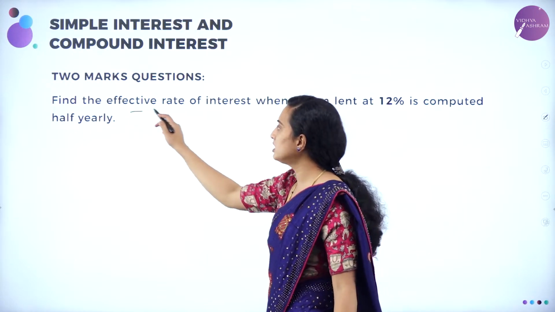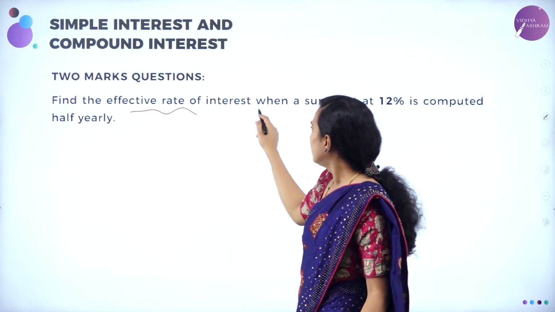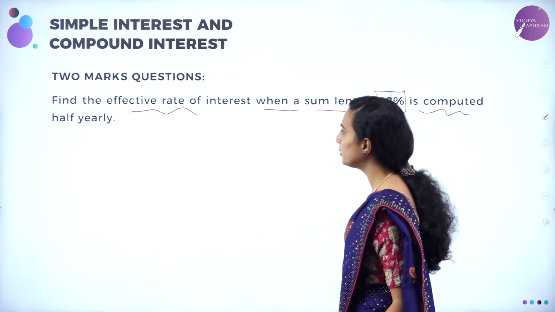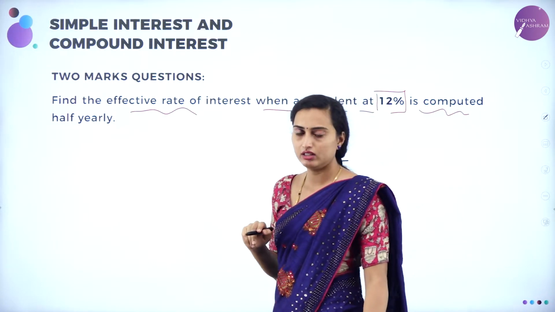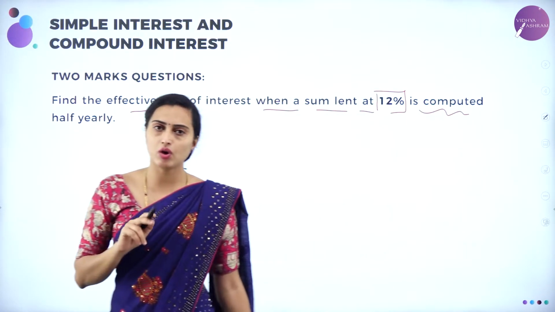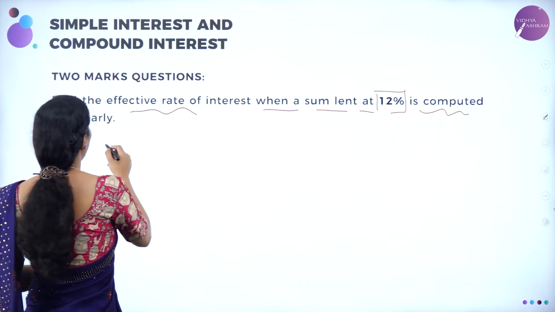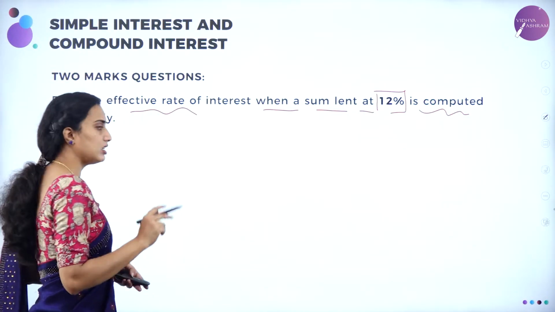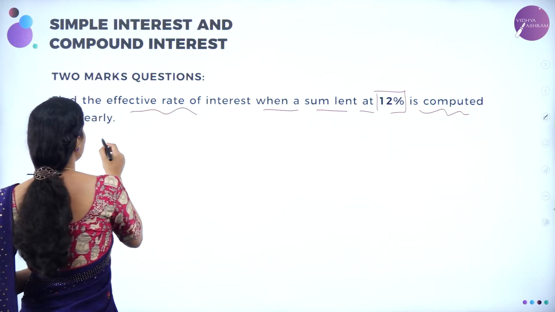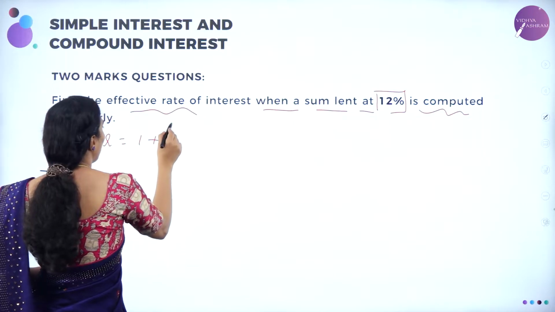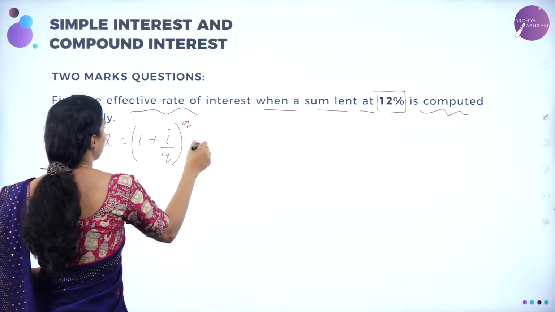Find the effective rate of interest when a sum lent at 12% is computed half yearly. Computed half yearly means what? You are going to take Q as 2. Now let me write down the formula. See dear students, you can write it like this: r is equal to (1 plus I divided by Q) whole to the power of Q minus 1.